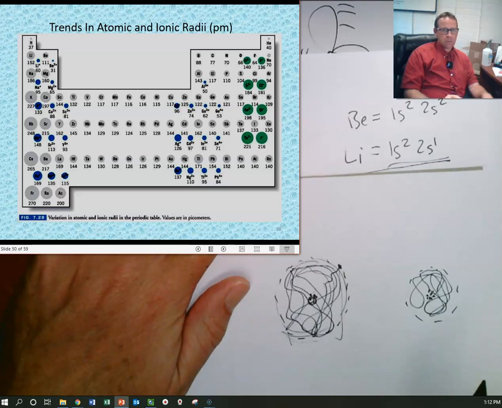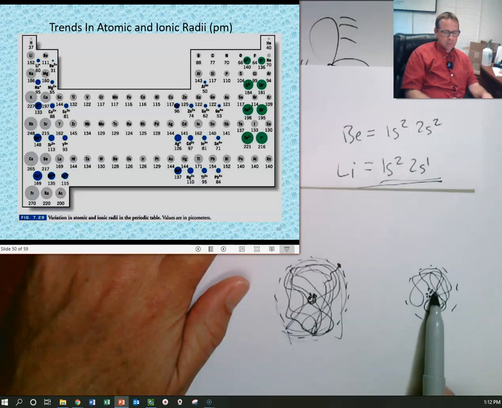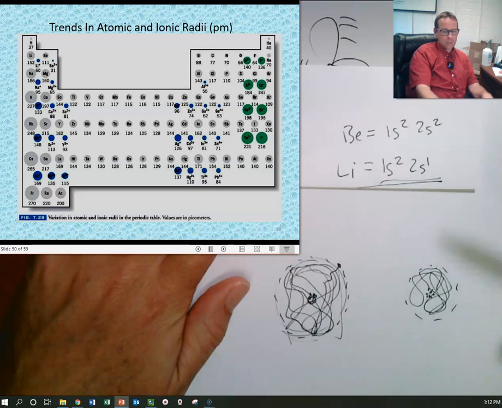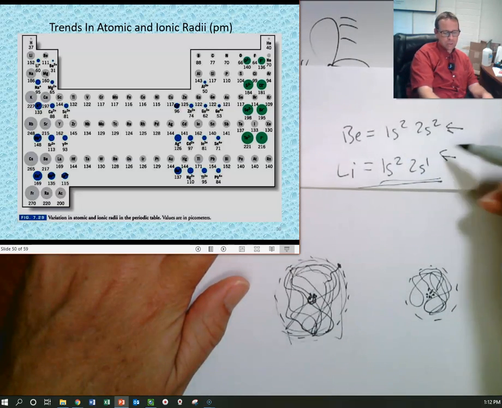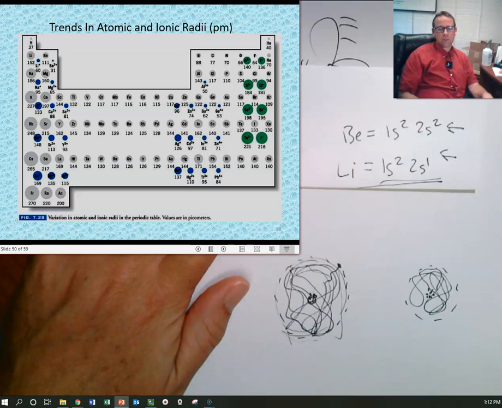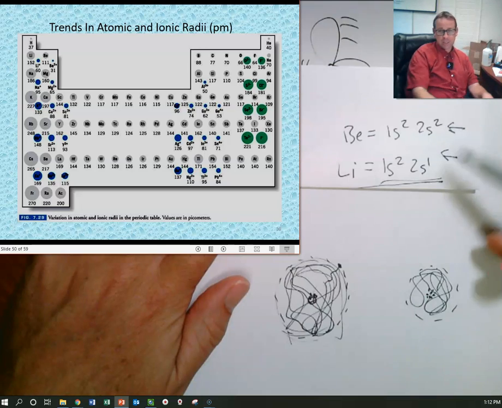So we use this model for a handful of things here at the end of this chapter. But essentially what we're seeing here is that the size of the atom relates to the number of protons that there are, and also how the electrons are being added to their orbitals or their subshells based on the electron configuration.